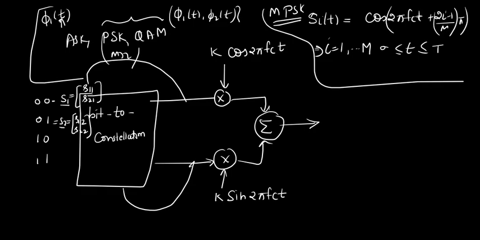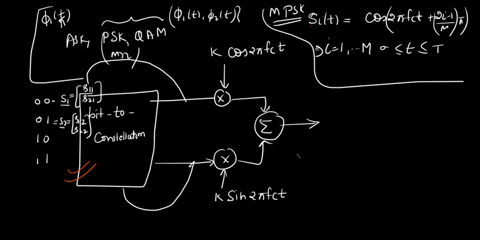So, how would you design the receiver? Tell me. If it is QAM, what will happen here? The things will change, right? Only this equation or this mapper will change and everything else will be constant.